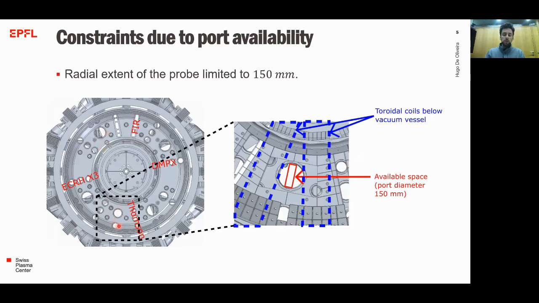But this port was available, and you can see here that with the available diameter, we have about 150 millimeters of radial range. On top of this, below the vessel, there are toroidal coils, and those clearly constrain the available space for any system below it in this small V shape.